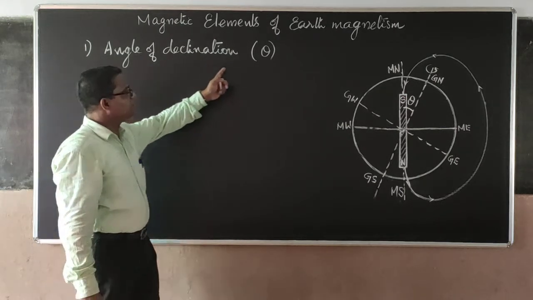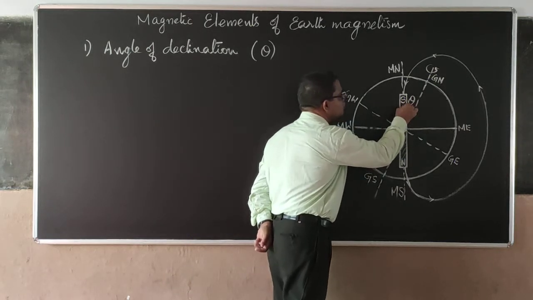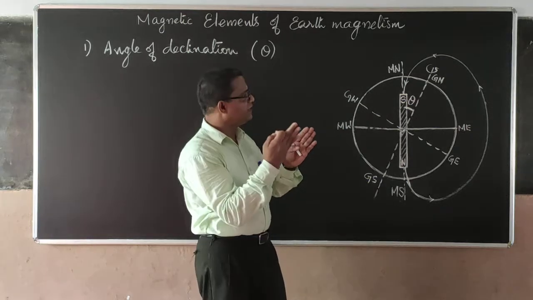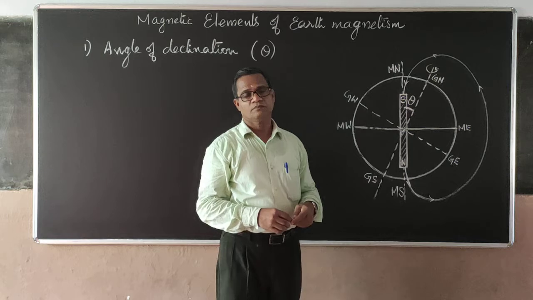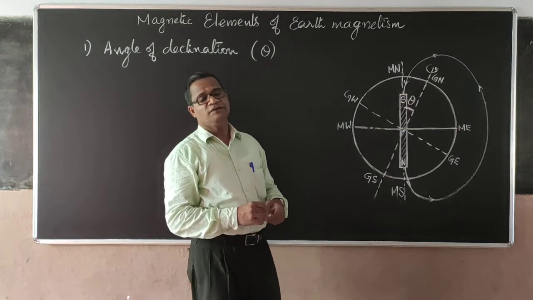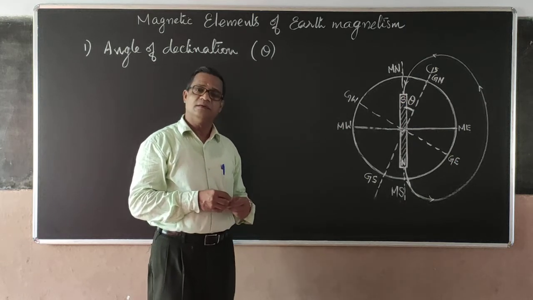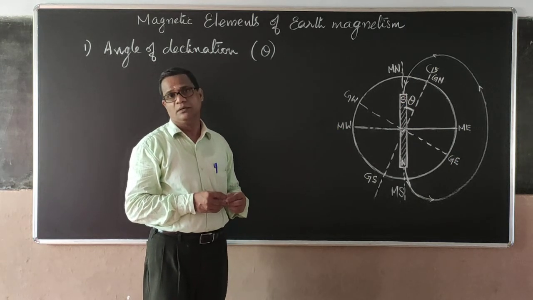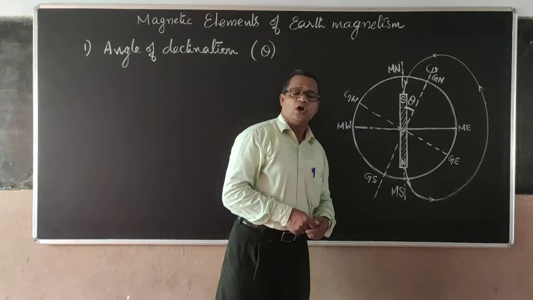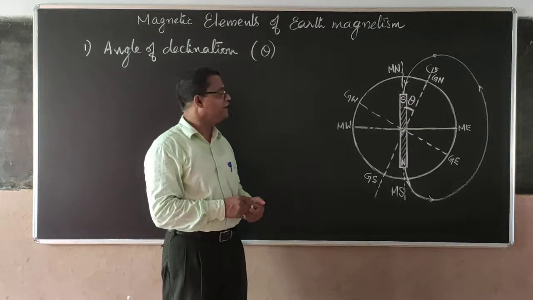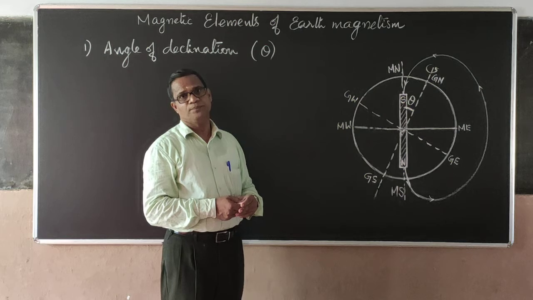Actually, this angle of declination theta is nothing but the angle through which the geographic axis and the magnetic axis are tilted. Or you can define it as the angle between the geographic meridian and the magnetic meridian of the Earth. This value is not a constant, therefore it is found to be varying. So we are not studying any constant value for this one.